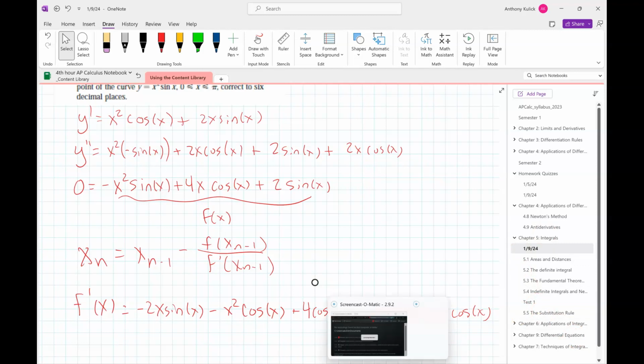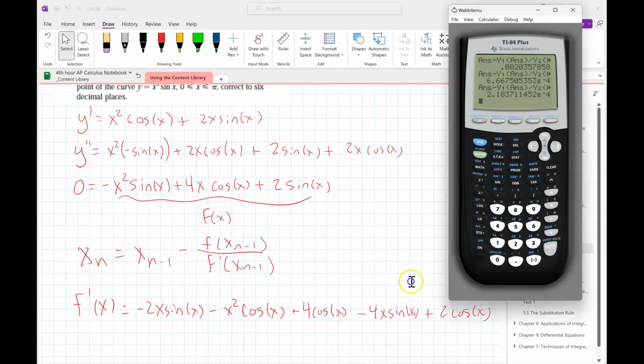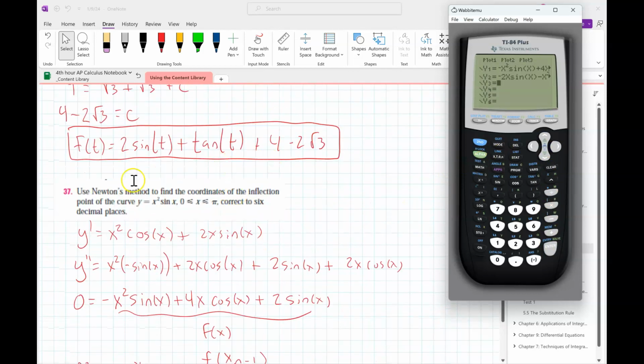Well, let's do this. I'm going to turn these off real quick. And let's just graph this original guy, x squared sine x. And let's look at it from 0 to pi.